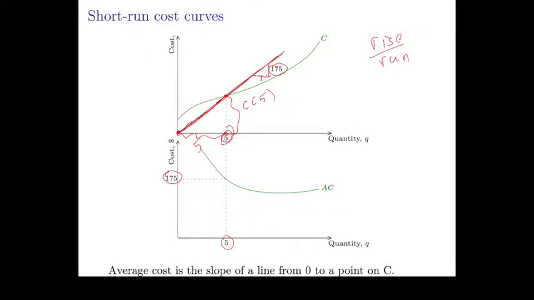So this slope is going to be cost at 5 divided by 5, which is the average cost at 5.